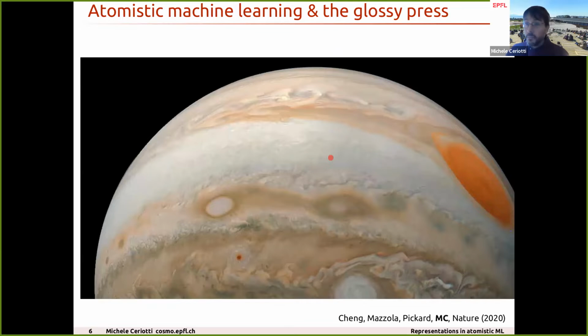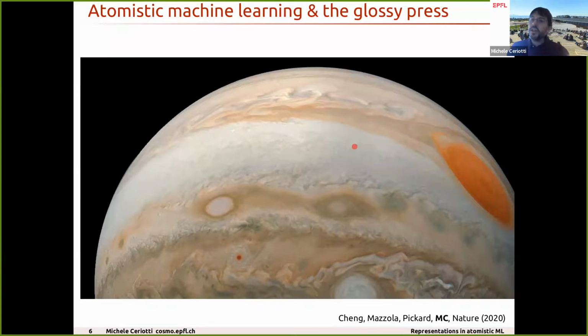We have also been able to look at matter in more exotic conditions. In planetary science, you often need to understand how matter behaves in conditions that are very hard to reproduce on the Earth. And this is a field for which atomic scale modeling has been super useful, because you don't need to recreate on the Earth the pressures that you find at the core of Jupiter.